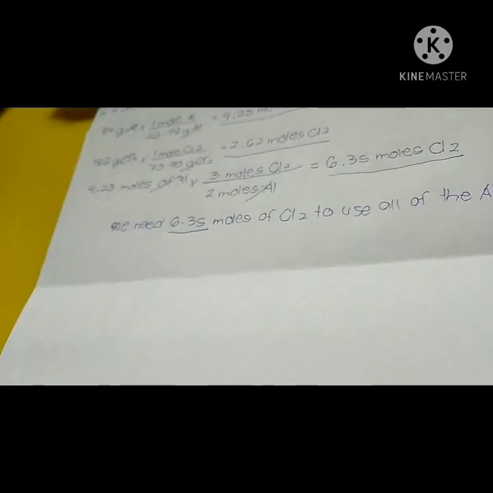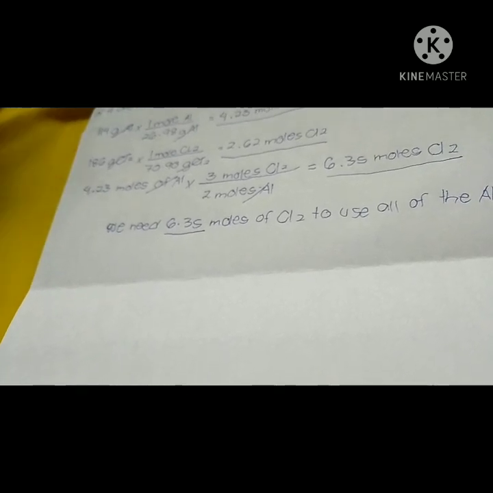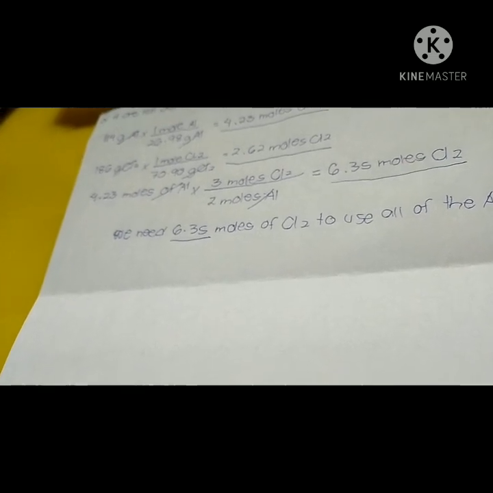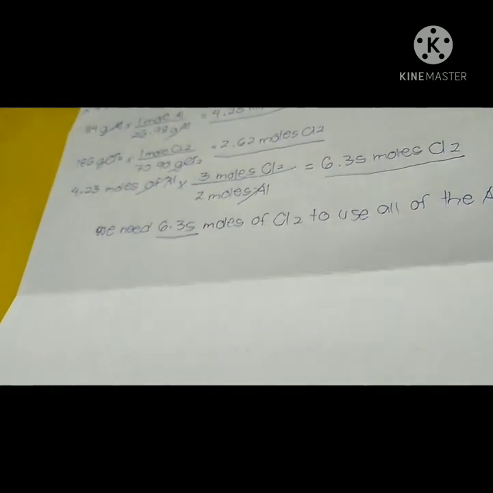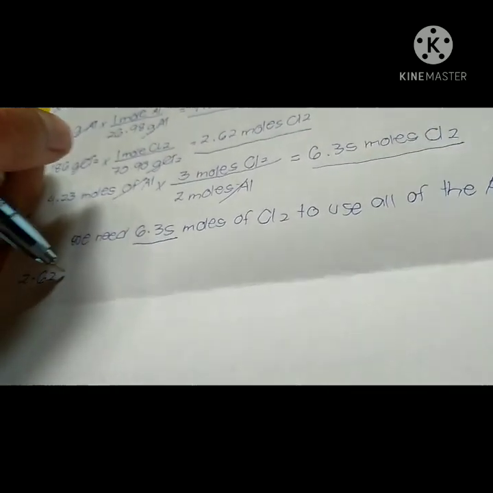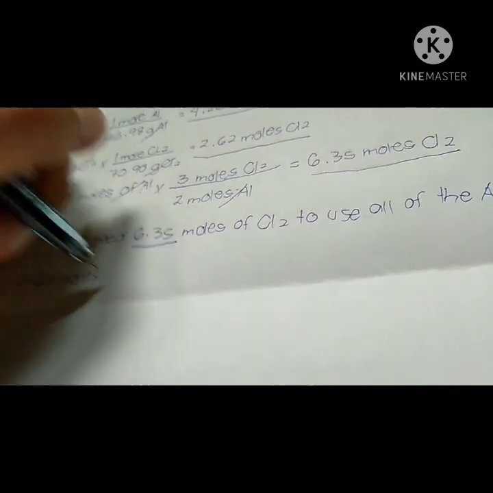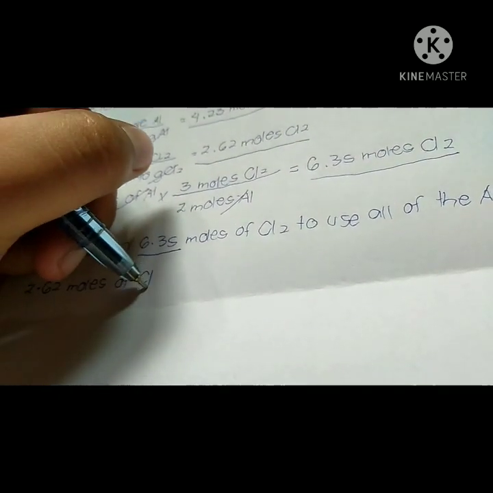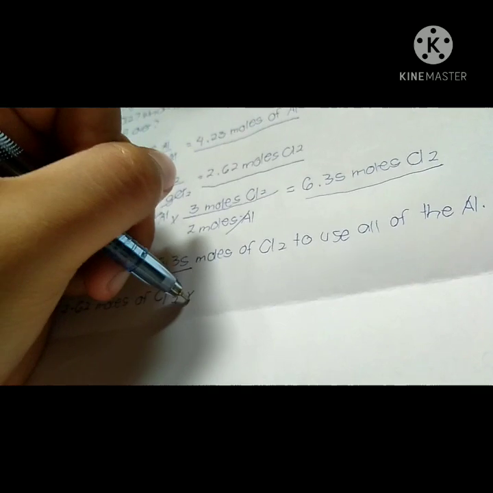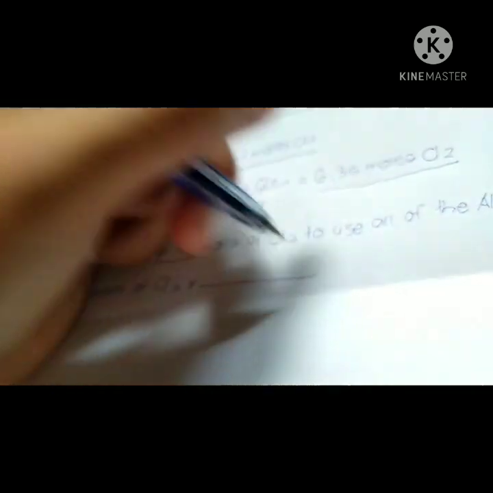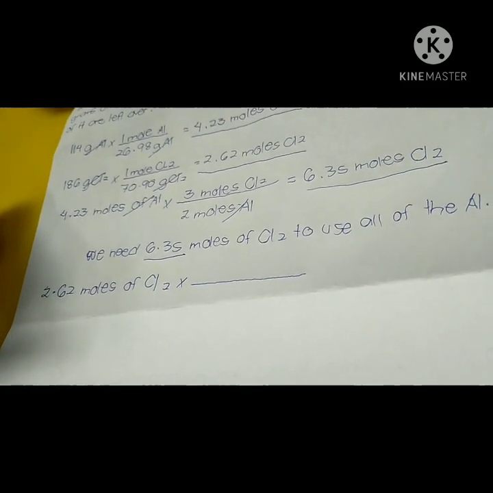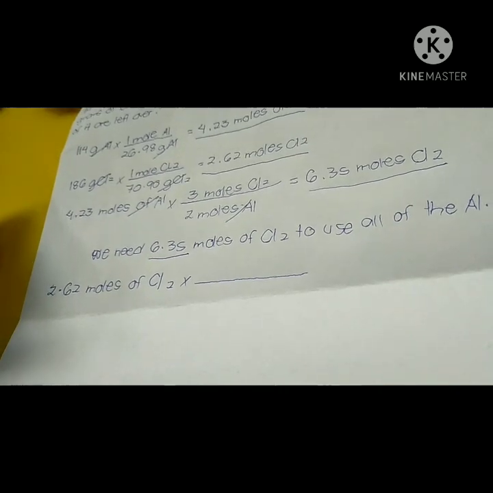Now we're going to ask the same thing, but starting with all the Cl2, our total amount. Okay, so we have 2.62 moles of chlorine, of Cl2. I'm going to multiply that by a conversion factor that shows a relationship between moles of aluminum and moles of Cl2.